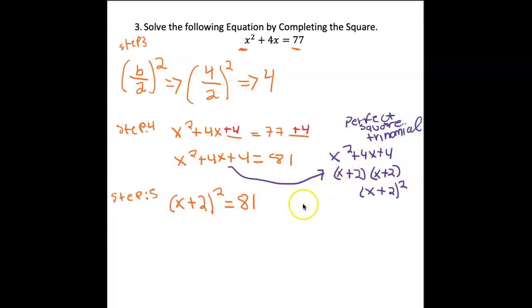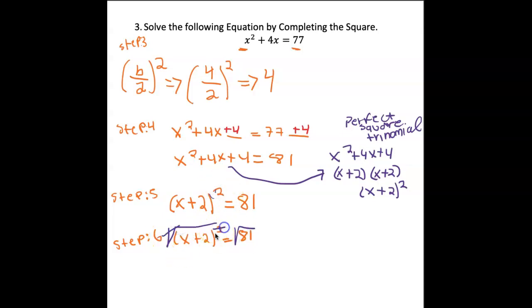Okie dokie. So now in step 6, we're going to solve using the square root method. Okay? So I'm just going to go ahead and rewrite it here. And for the square root method, I'm going to square root both sides because the goal is to cancel the little square over here.